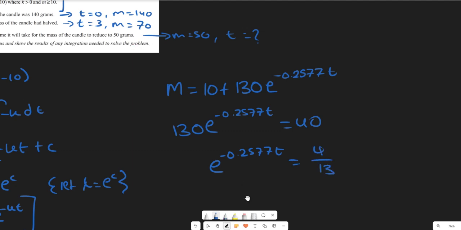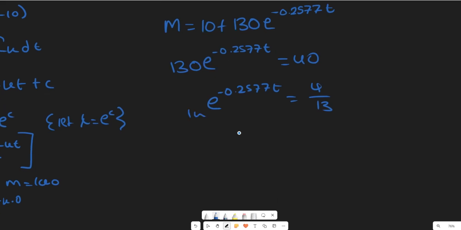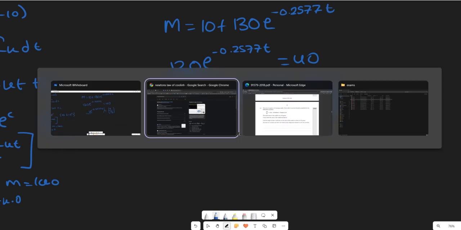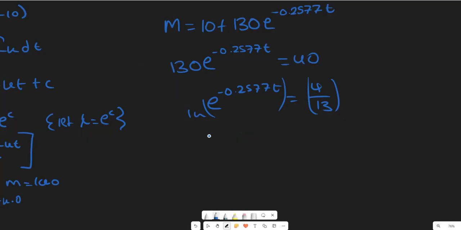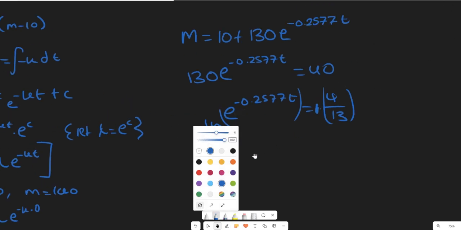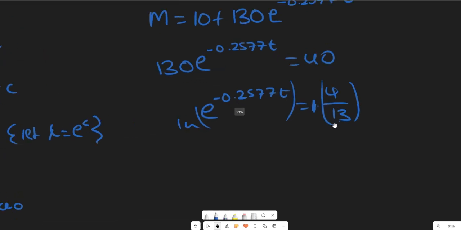And so taking the natural log of both sides once again, sorry, that just froze for some reason. Anyways, so ln of 4 on 13 is this.